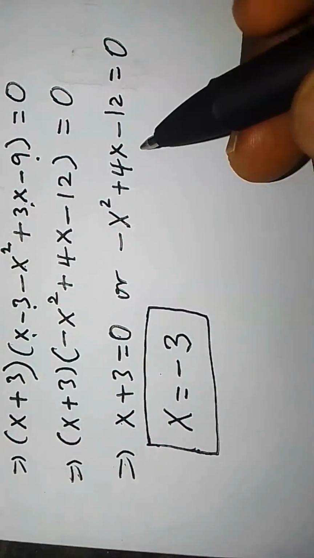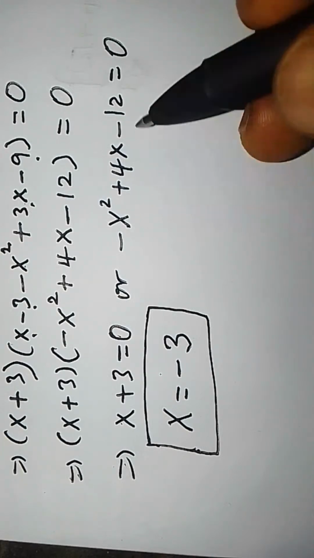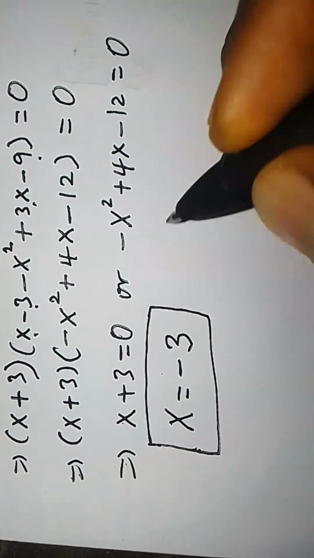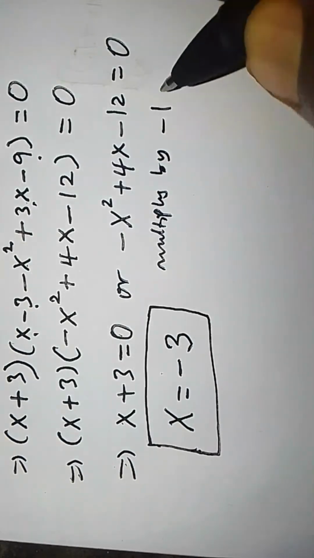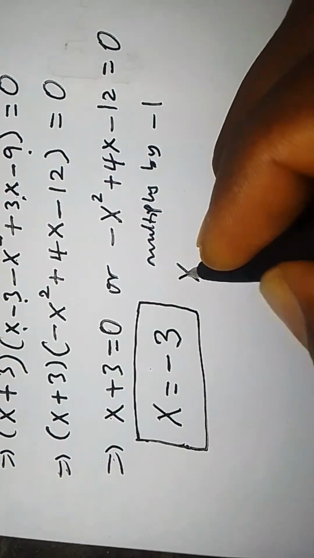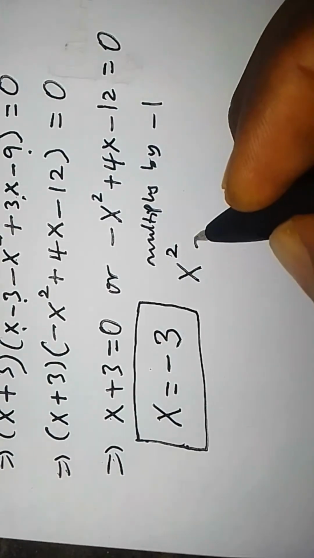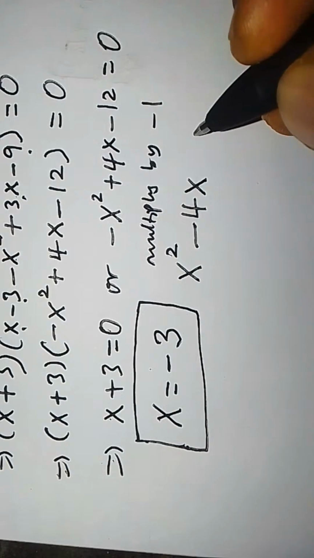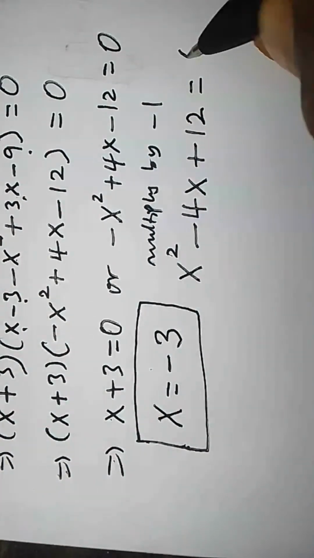to solve this quadratic equation, let's multiply both sides by minus 1 to get rid of this negative sign first. Multiply by minus 1. So that becomes minus 1 times minus x squared. We have x squared minus 4x plus 12 equal to 0.